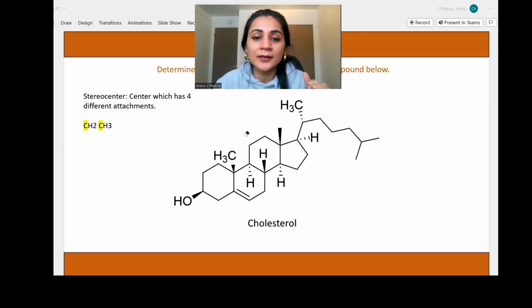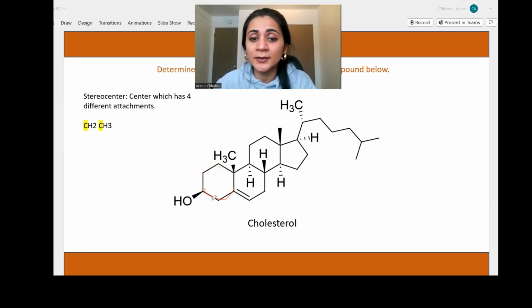So we see that there are a lot of these centers which we have quickly identified as not stereocenters, right? Okay, now let's talk about this carbon atom, which we also see has a wedge coming off of it. So how about this attachment and this attachment? These are 2 attachments present on this carbon atom, and these are very different carbon attachments.